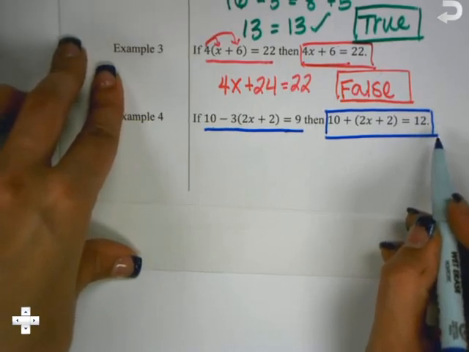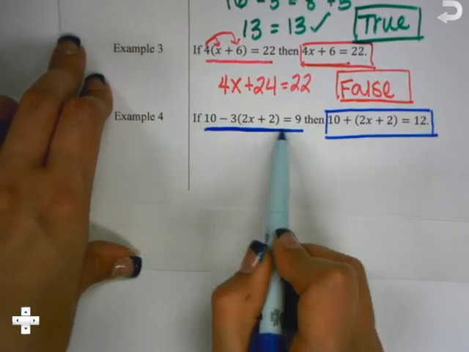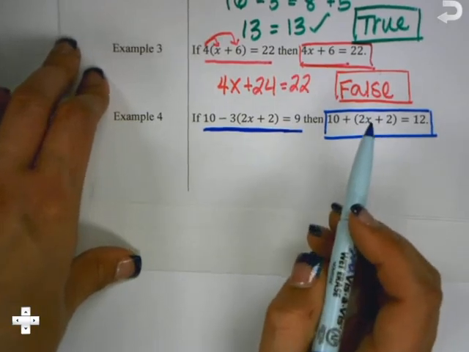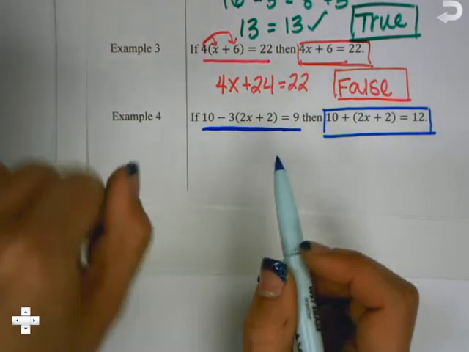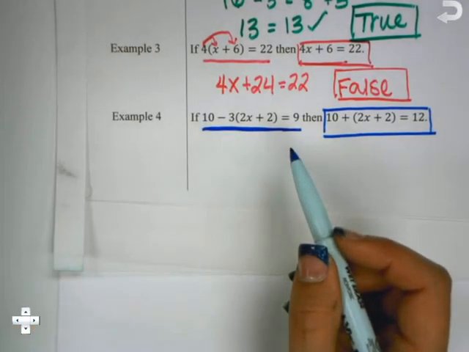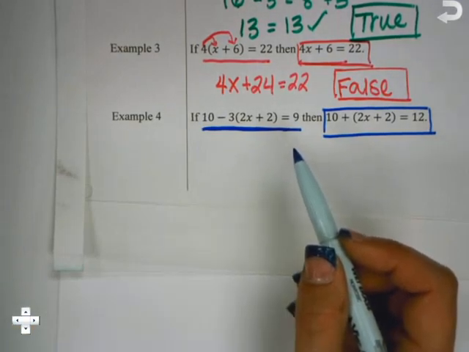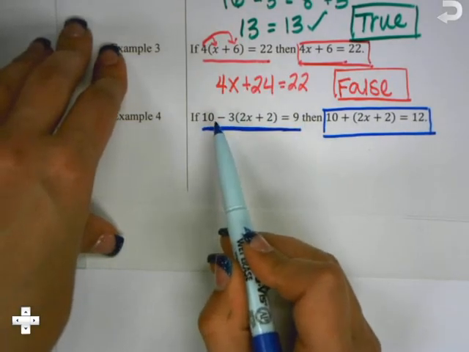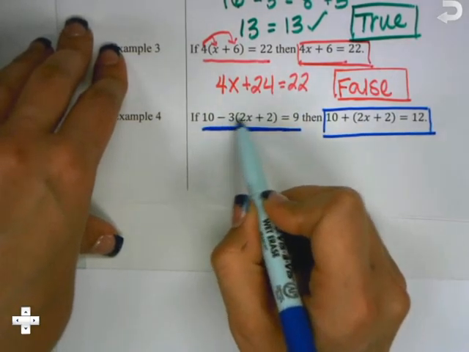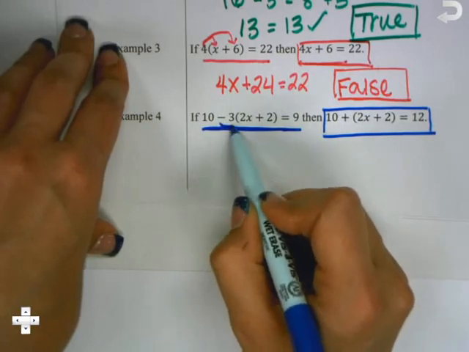My hypothesis is 10 minus 3 times the quantity 2x plus 2 equals 9. So what am I going to do first? I'm just going to start solving this like I normally would. What's my first step? Distributive property. Am I distributing a positive 3 or a negative 3? Negative. So let's distribute the negative 3.